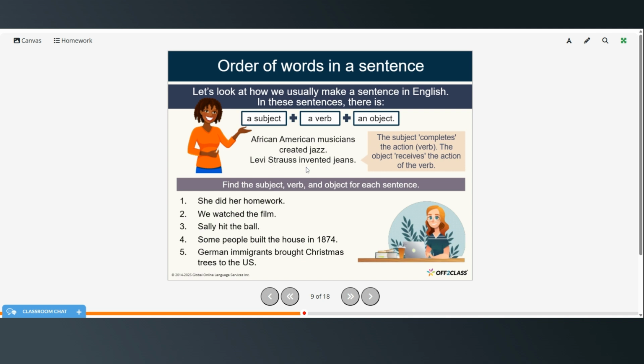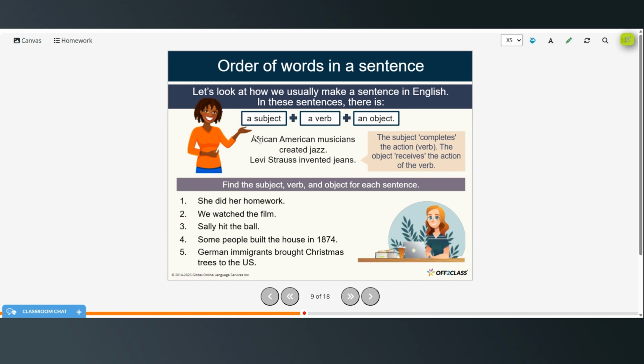Levi Strauss invented jeans. So, African American musicians is the subject. The verb is created. The object is jazz. Here, Levi Strauss is the subject, invented the verb, and jeans is the object. So now see if you can identify the subject, verb, and object in each sentence.